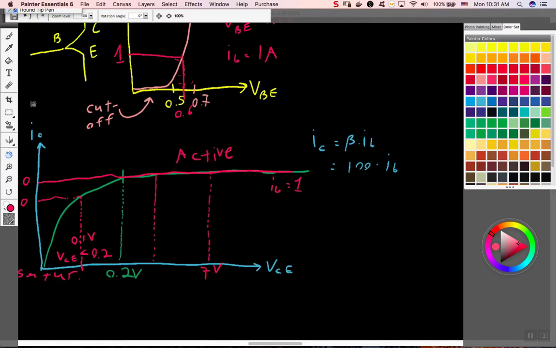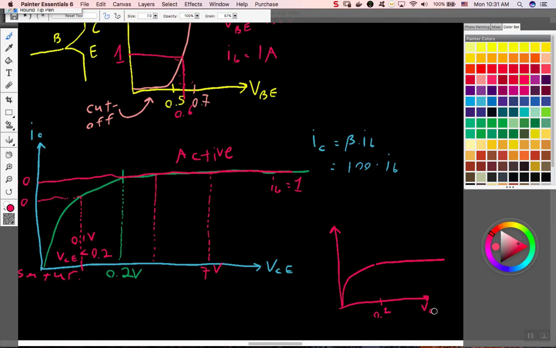So for example, here, let's say this is 0.2, and it's supposed to look roughly like this, and then after this it's a straight line.